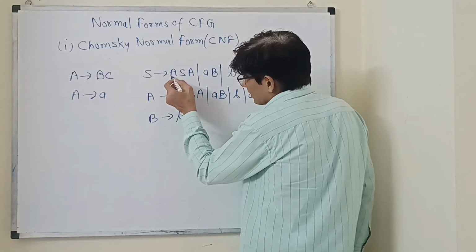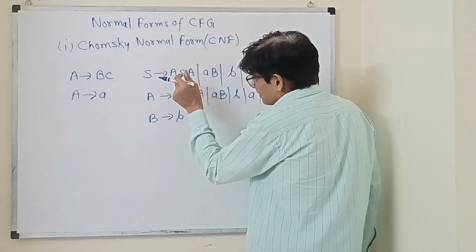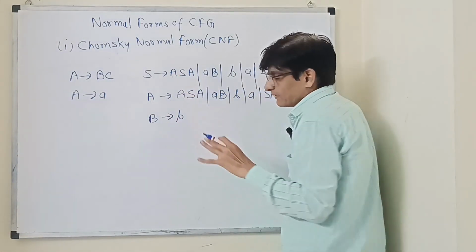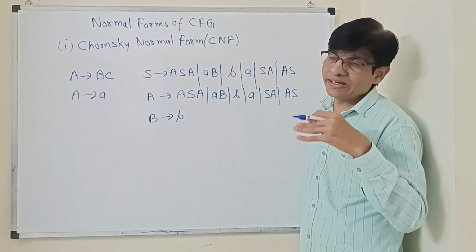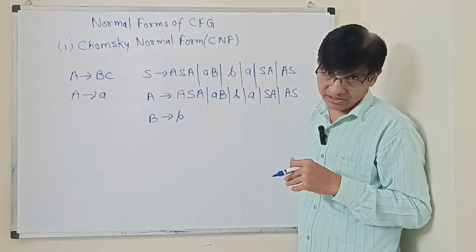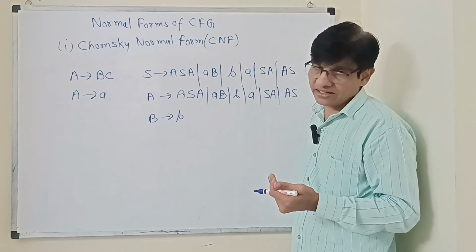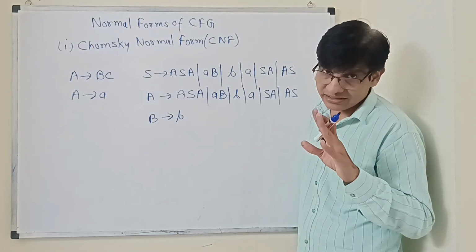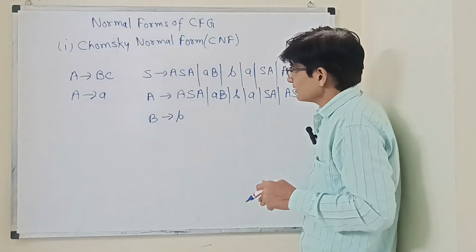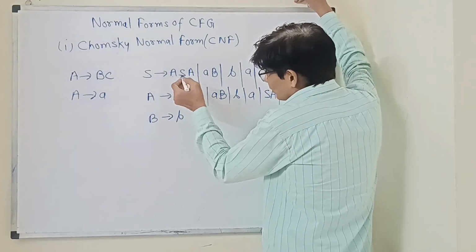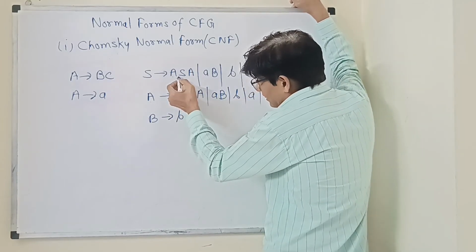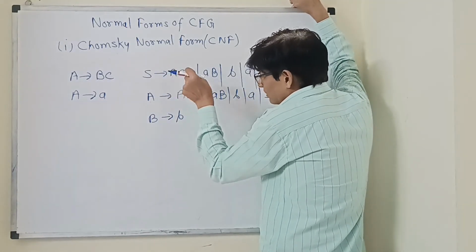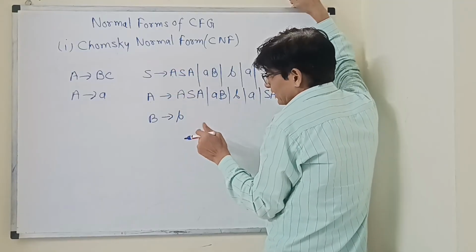When you are converting any grammar into CNF, you may add some variables, and if you add a variable, then obviously you will add its productions also. As we have three variables on the right hand side here, we can introduce one new variable.